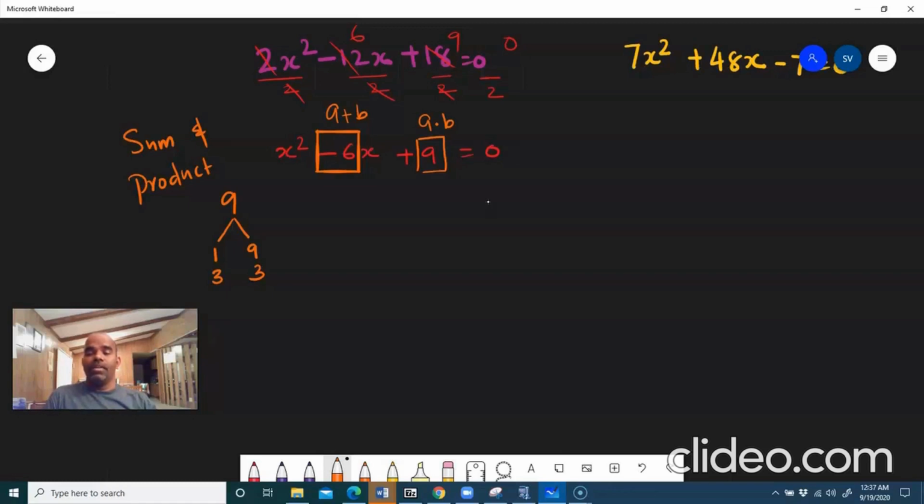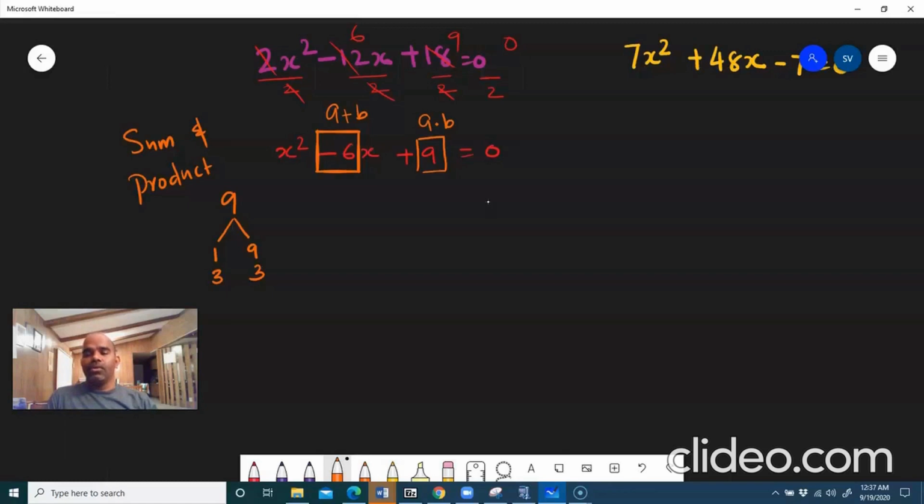Now we have a set of numbers which will give the product positive, and be careful about the sign. Here the product is positive, that means both numbers will be either positive or both negative.